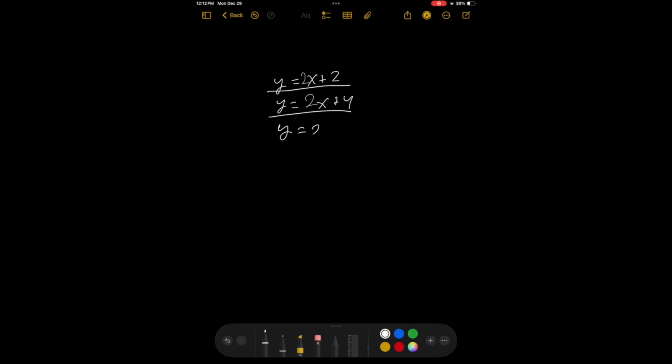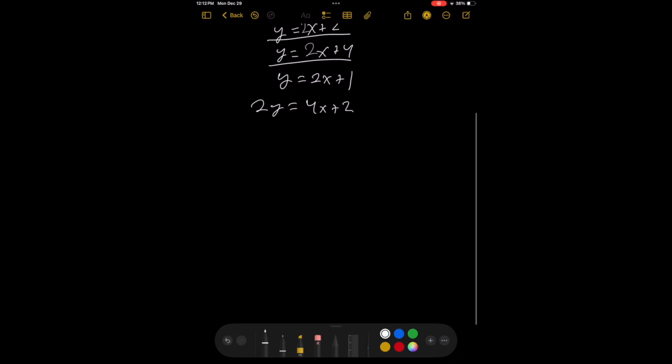So y equals 2x plus 1, well, we can solve for y for this guy. And if you do that, you'll see this. That's strange. It's the same line, right?